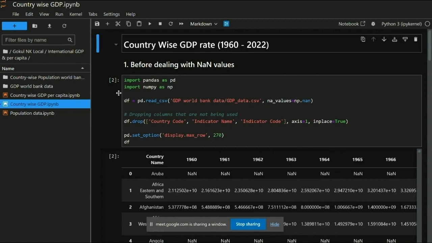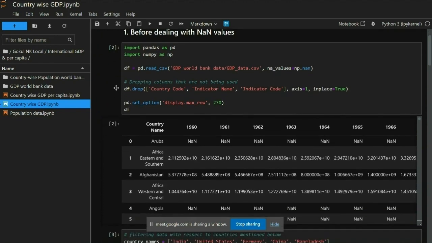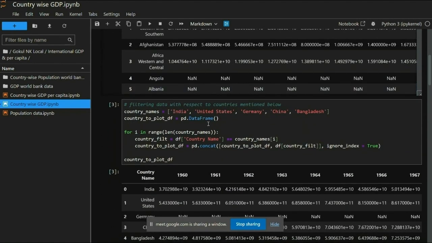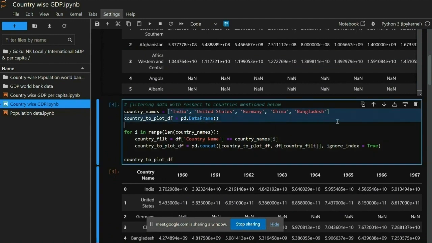We are importing the downloaded GDP data into a pandas data frame here, and filtering it for only these 5 countries, since we have chosen those countries for our analysis.